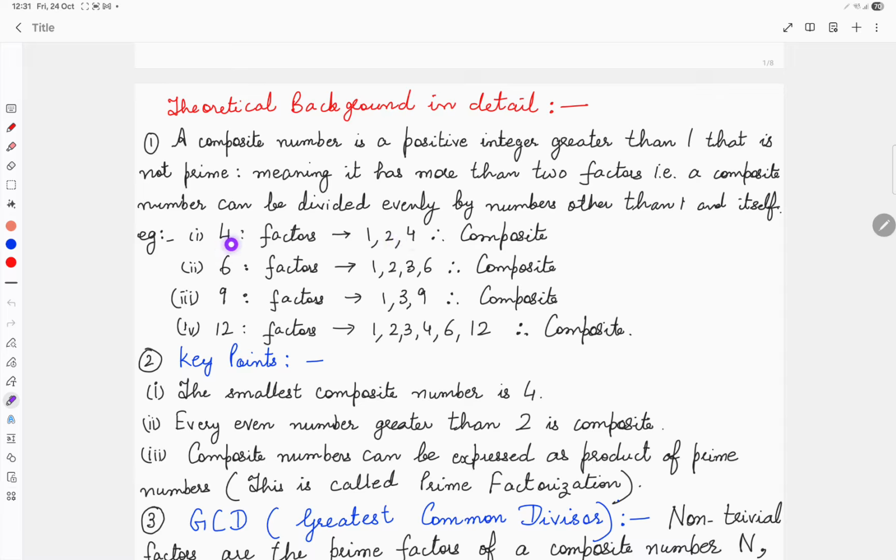Now 3 is not a composite number because 3 has only two factors, 1 and 3, but no other factors. 4 is a composite number because 1 and 4 are factors, and along with that 2 is also a factor of 4. In the same way, 6 is a composite number because 2 and 3 are also factors of 6. I hope this point makes clear what a composite number is.